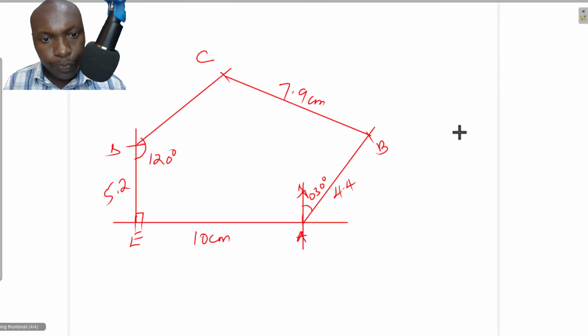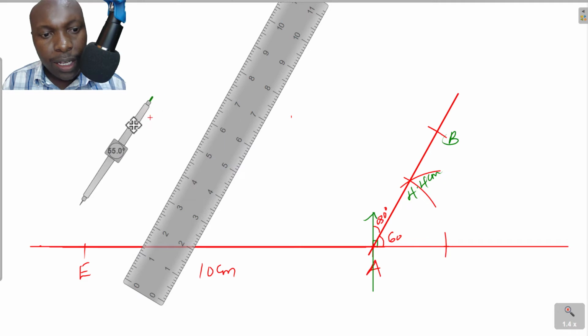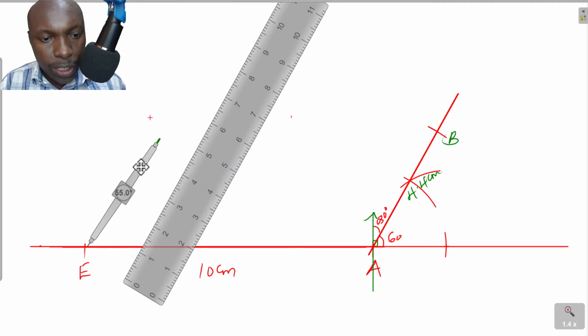And after doing that, now let us go to the other part, that is E. We want to construct D, which is directly north of E. Now to construct that, I can construct that line directly from my tools here, but to explain this, it's better you don't just draw a straight line to the north, but to ensure that it's directly north, you construct a perpendicular at E. So how do you construct a perpendicular at E?